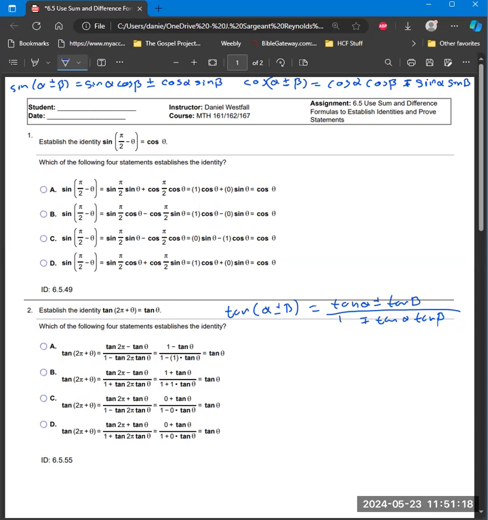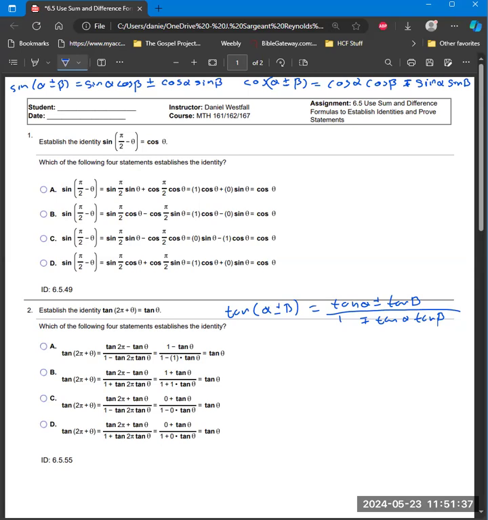All right, let's look at this. This is a difference identity for sine. So we're going to have sine of alpha minus beta, which is sine of pi over 2 cosine of theta minus cosine of pi over 2 sine of theta.